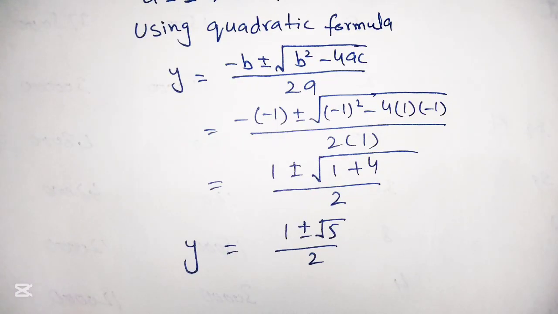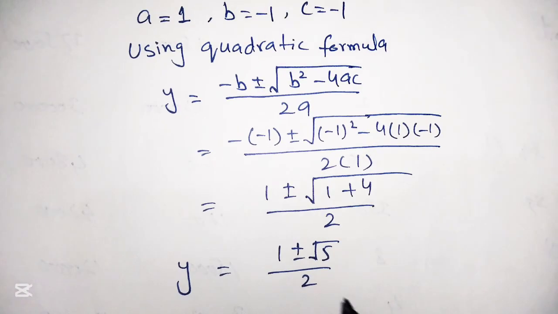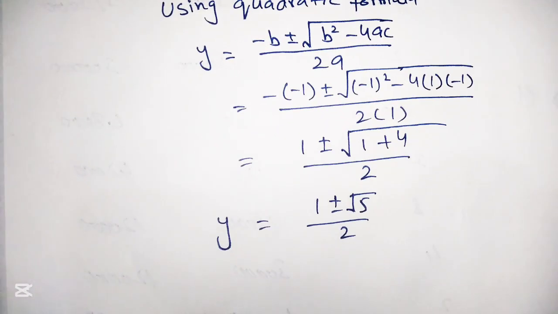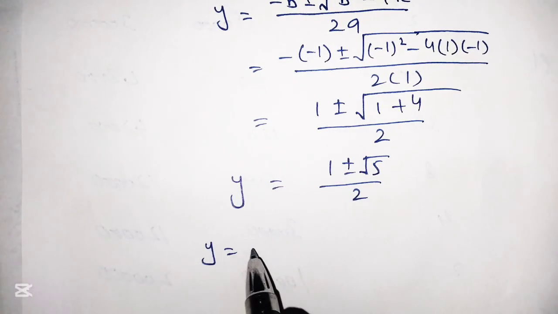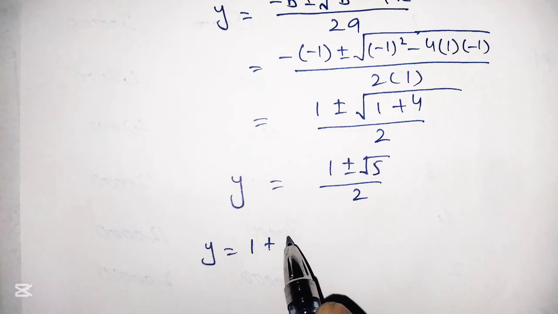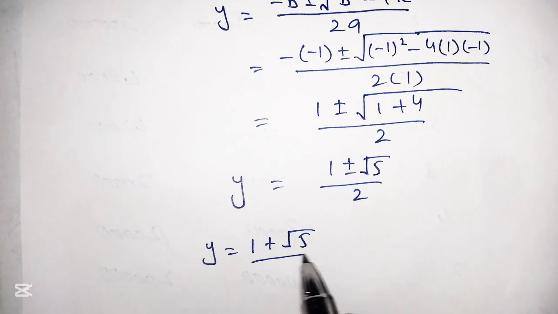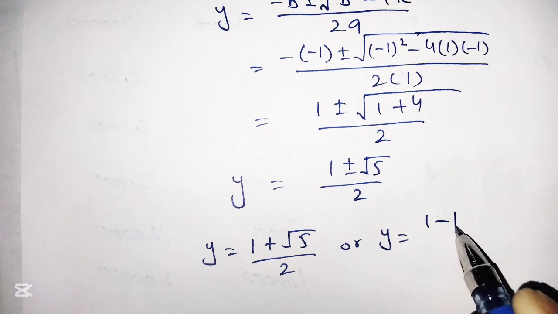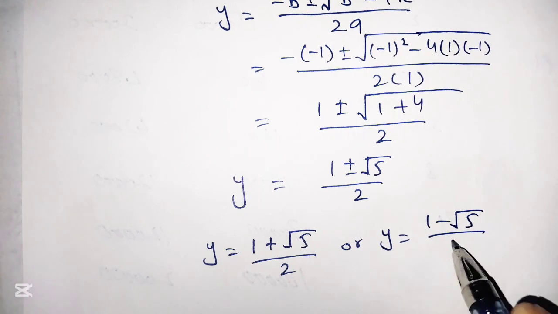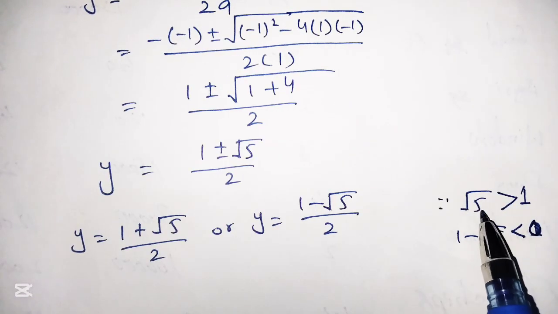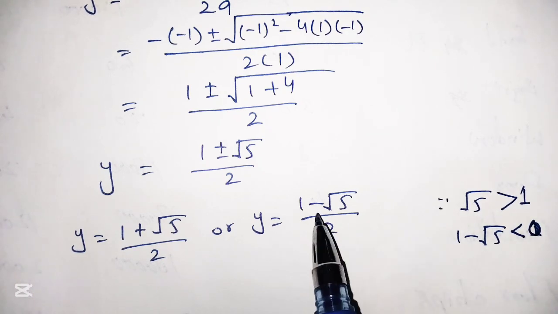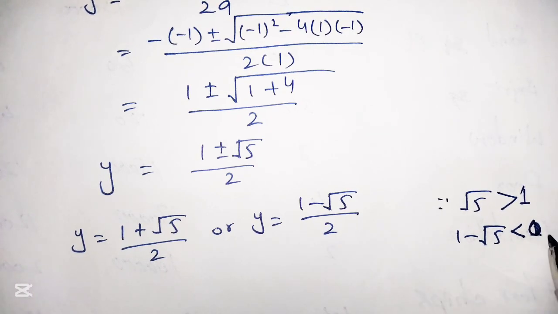Now we can write it separately as y is equal to 1 plus square root of 5 over 2, or y is equal to 1 minus square root of 5 over 2. As square root of 5 is greater than 1, the term 1 minus square root of 5 is negative.